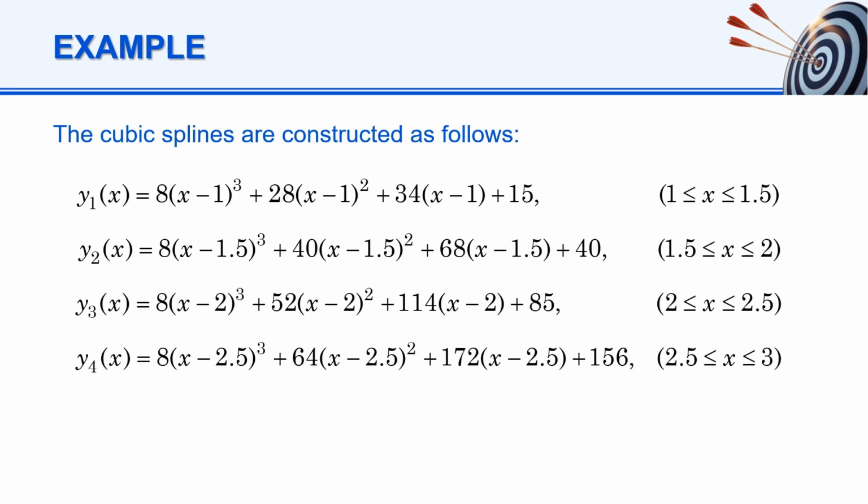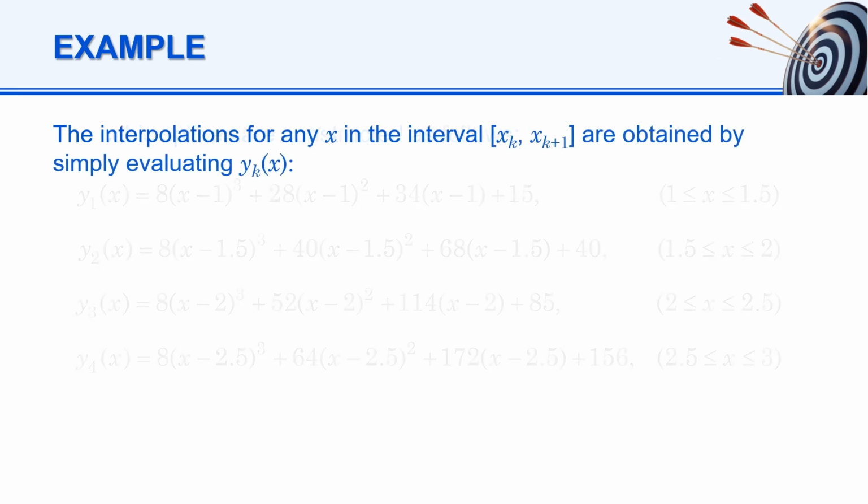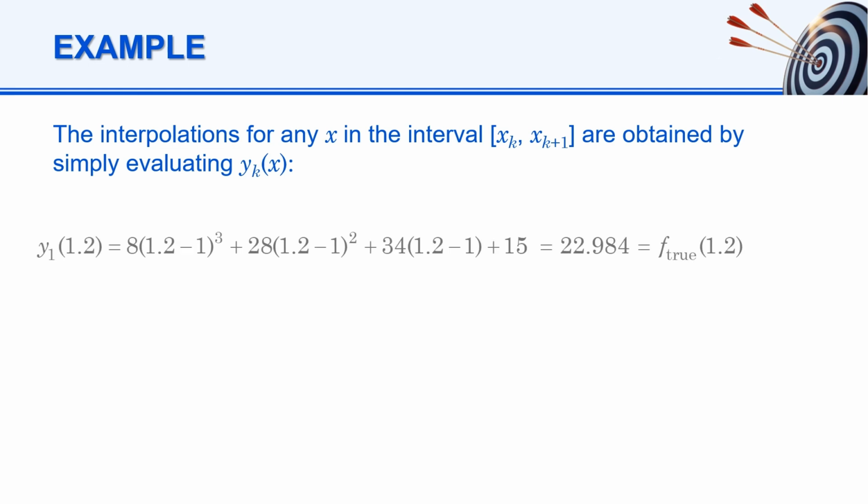Now that we have computed all coefficients, the cubic splines are constructed as follows. The interpolations for any x in the interval from xk to xk plus 1 are obtained by simply evaluating yk(x).